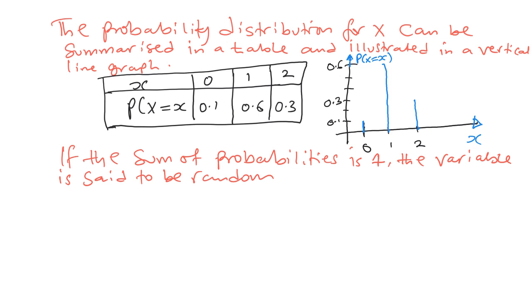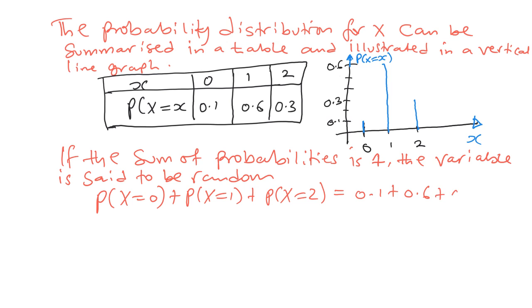So what makes a variable random is the sum of probabilities. If you check here, the probability of x equal to 0 plus the probability of x equal to 1 plus the probability of x equal to 2 will be 0.1 plus 0.6 plus 0.3, and this gives you 1. So X is a random variable. If the sum of probabilities is equal to 1, then that variable is random.